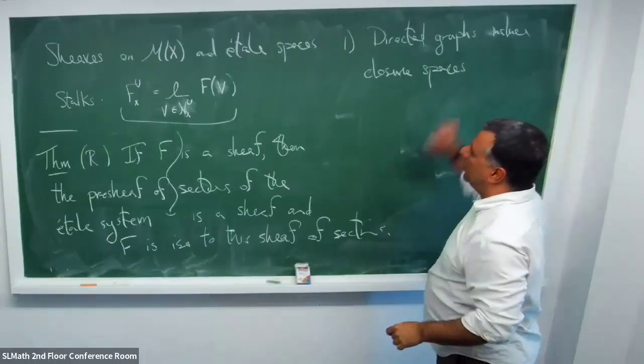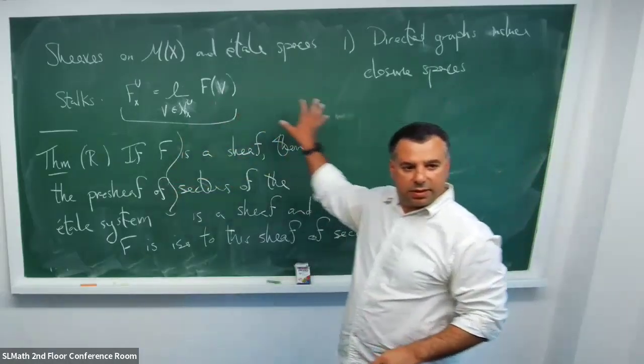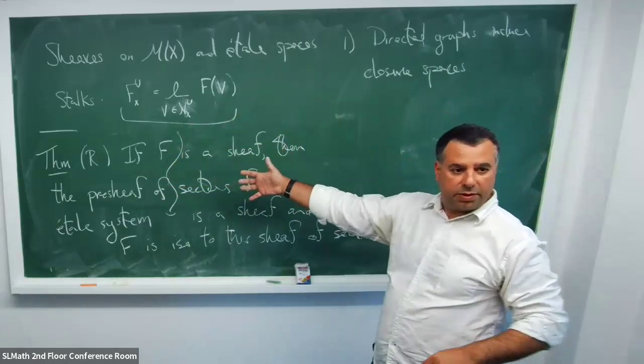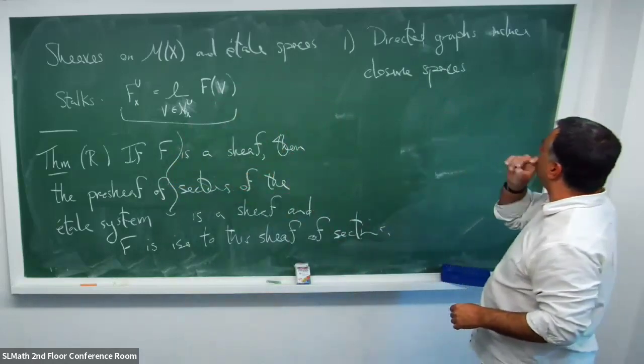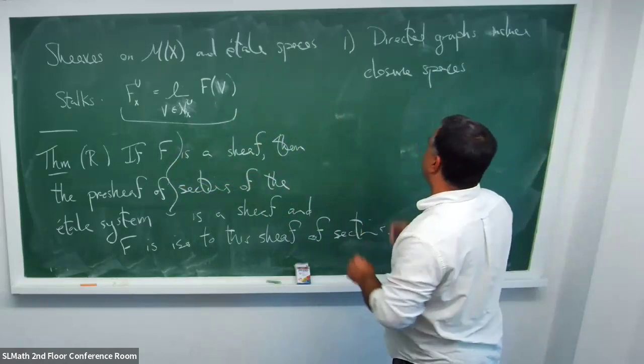And so this construction gives a nice construction of sheaves starting with directed graphs. And I think it's the only one I know like that. Maybe this one. Maybe not.